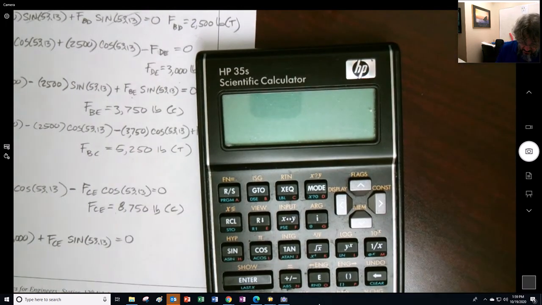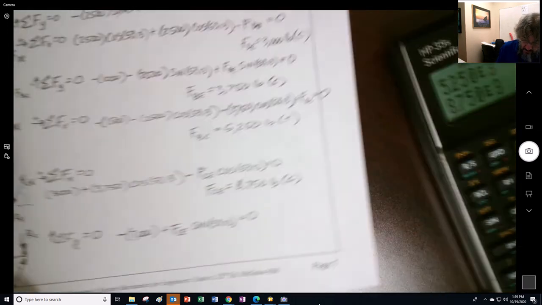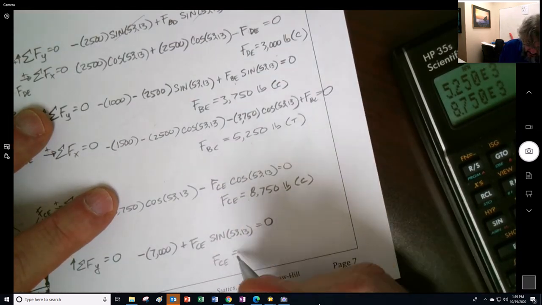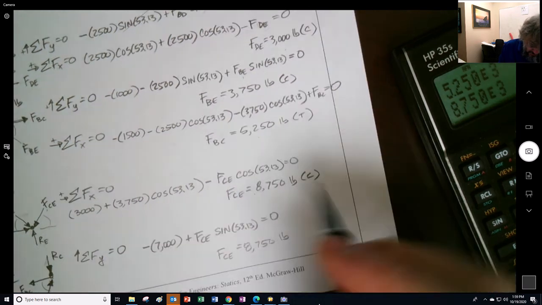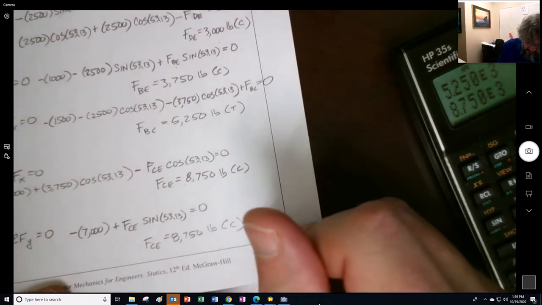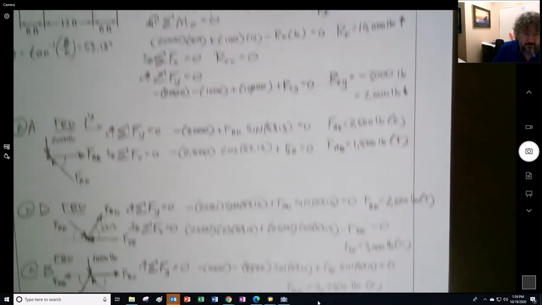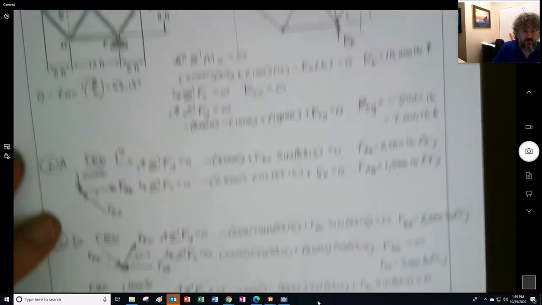So if I take 7,000, 53.13, take the sine, and then I divide it, I get FCE equals 8,750 pounds. And we saw there was some compression. So therefore, it checks. And that is a method of joints for a long problem.